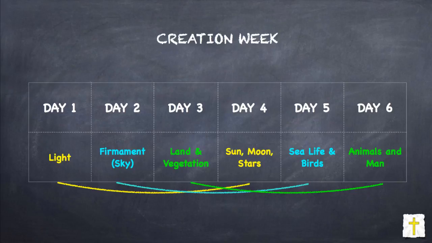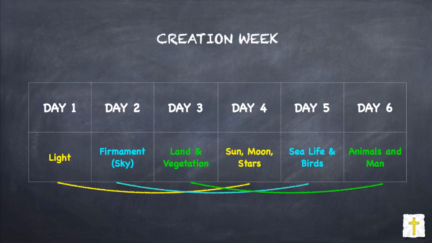And here we see sea life mentioned, and birds. So life in the skies as well as life in the oceans. There's a direct correlation between day 2 and day 5. Day 3 correlates with day 6. The land and vegetation were created on day 3, and then they were later filled with animals and man.